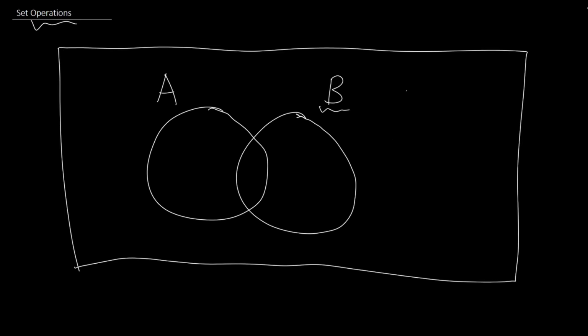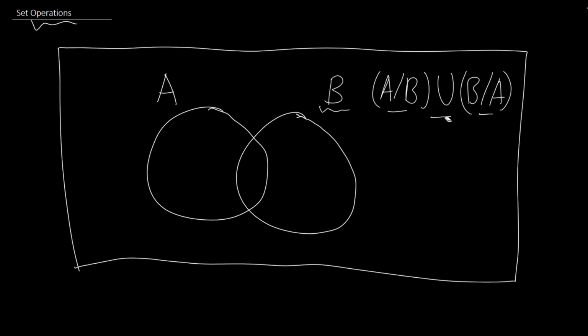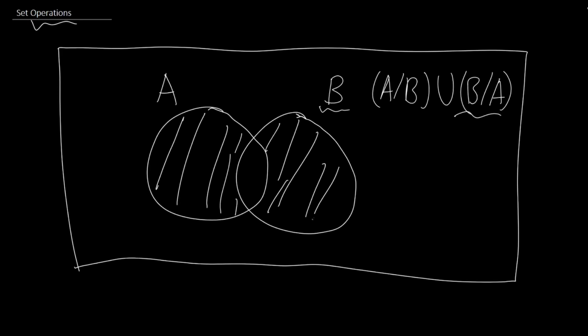So let's say we want to visualize A take away B union B take away A. As you can see here, we are combining 3 set operations together, 1 union and 2 takeaways. So what does this look like? Well, A take away B is this thing which we have seen before, and B take away A is this thing. So it's basically just everything except for the middle part.